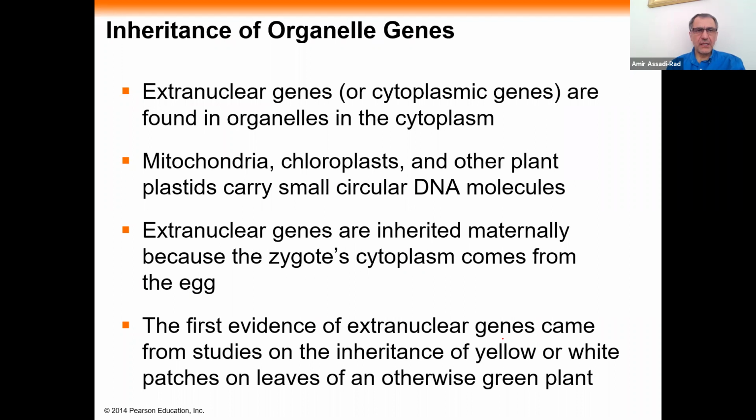Inheritance of organelle genes: extranuclear genes and cytoplasmic genes are found in organelles and cytoplasm, such as mitochondria and chloroplasts in plants. Plastids carry small circular DNA, called plasmid. Okay, extranuclear genes are inherited maternally.